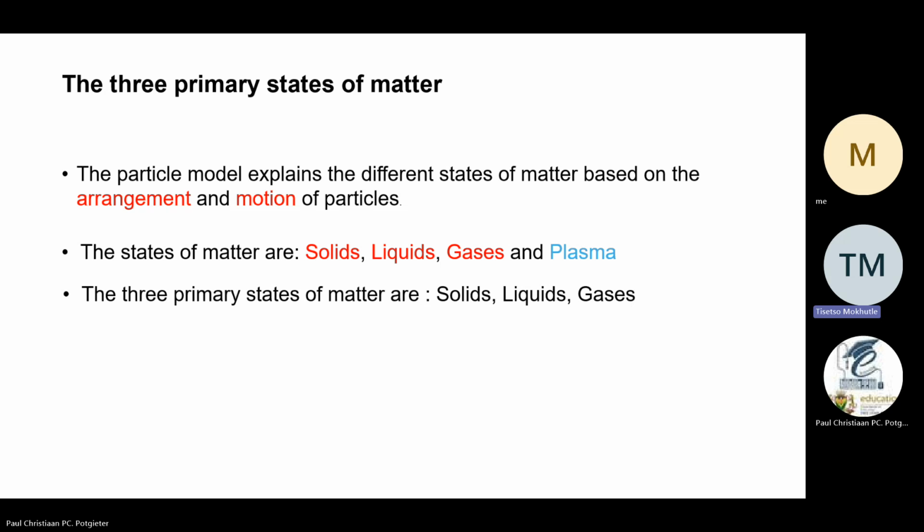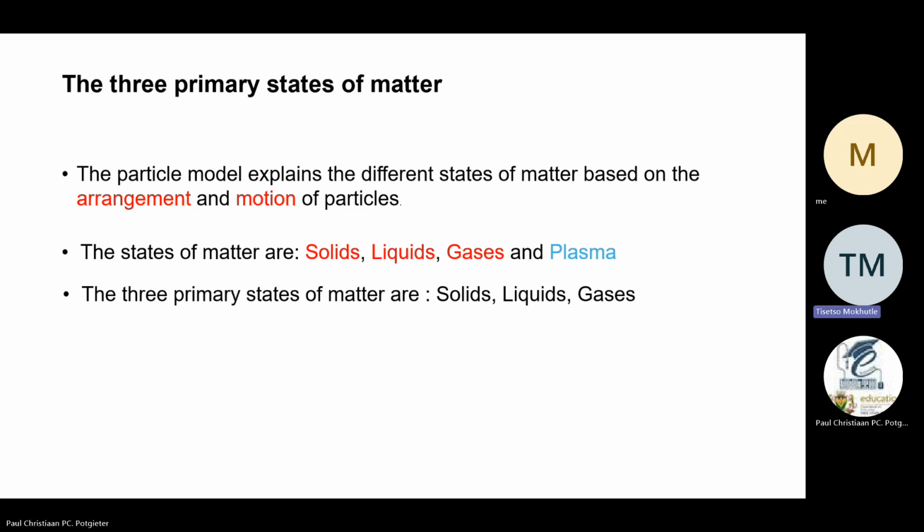Okay, because of the particle model of matter, matter can exist in 4 forms. Actually, in our schools, we only learn the 3. The particle model explains the different states of matter based on arrangement and motion of particles.